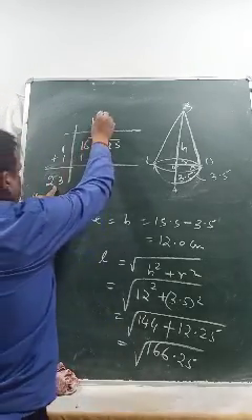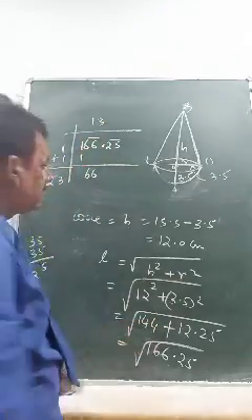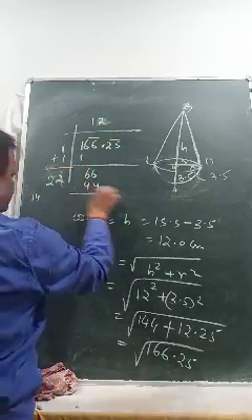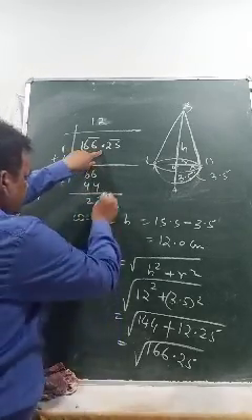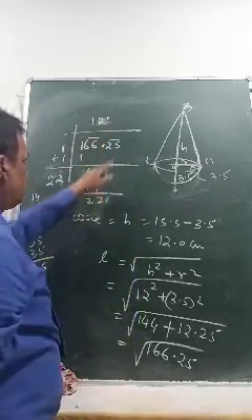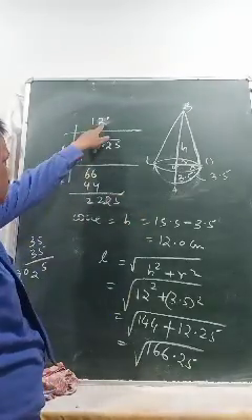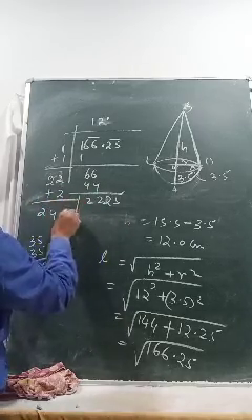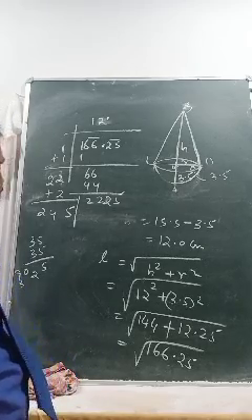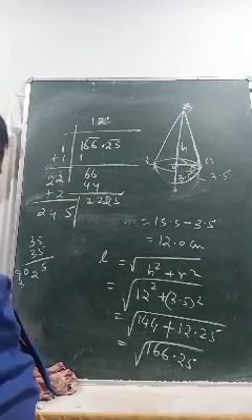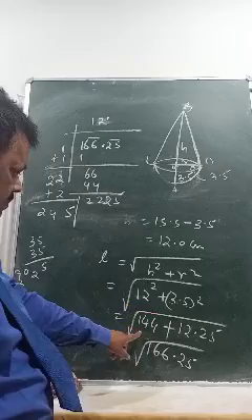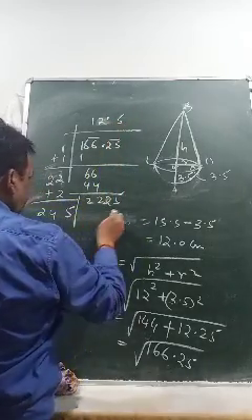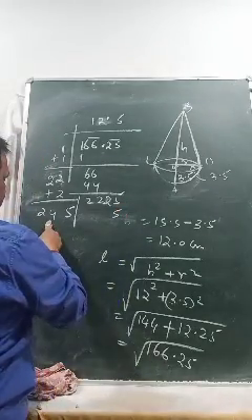If I put 3, 3 into 23 is 69, too big. So it will go with 2. 2 2s are 4, remainder 12. Then put the decimal here and bring down 25. Add 2 to get 22.